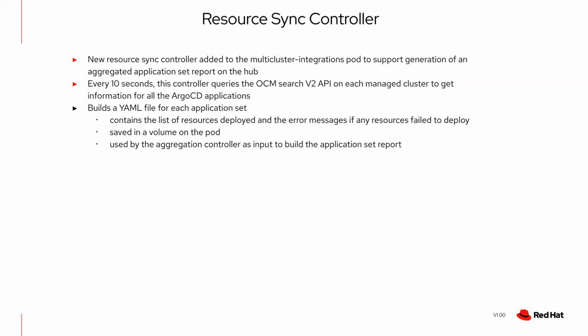Every 10 seconds, it queries the OCM search API on each managed cluster to get all the applications to then build the YAML file for the application set. This contains a list of resources deployed for the application. In the case where the application failed to deploy, it would also include an error message. With this YAML file that it builds, it saves it onto a volume on the pod that will later be used by another controller, the aggregation controller, to build the final application set report, which we will go over some more.